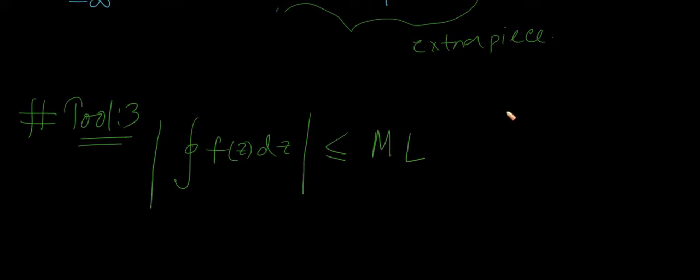This M is the maximum value that the function can have on that contour, and dz is getting integrated out, meaning you are summing over the whole path, and this turns out to be L. This L is called the path length. Let me write these terms first, and then I will try to show graphically what I mean. So this L is known as the path length, and this M is some maximum value.